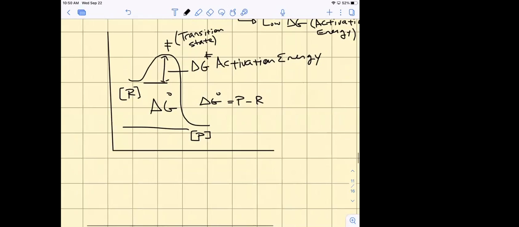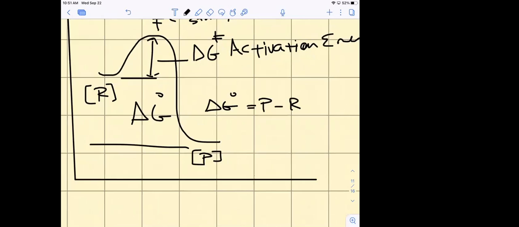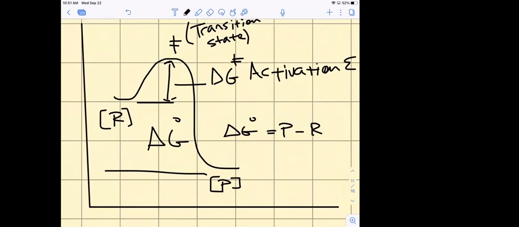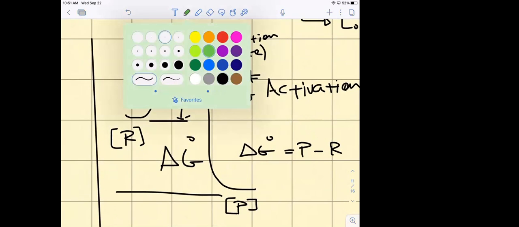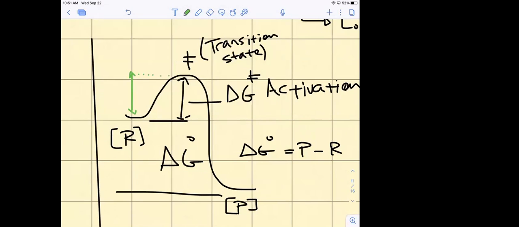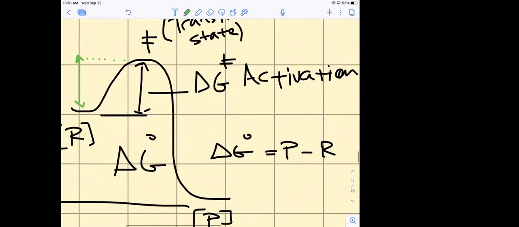All right, the other thing that we know is what we just talked about for the endothermic reaction. Look at the difference in energy between the reactants and the transition state. I'm going to change colors with this. Can you see that? Versus the product and the transition state.